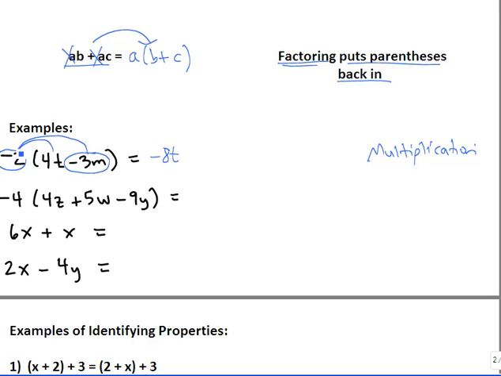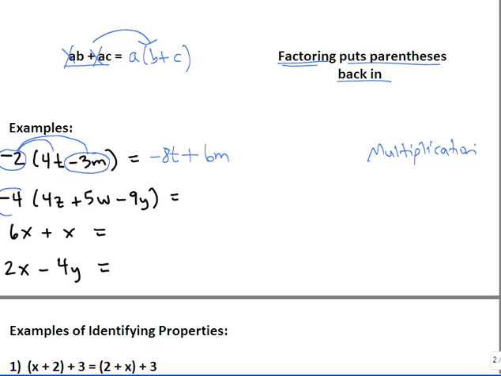So we're really taking negative 2 times negative 3m. Two negatives multiply to a positive, and 2 times 3m gives us 6m. So our final answer is negative 8t plus 6m, and we've eliminated all the parentheses. Okay, on the next example we're going to do the same thing.